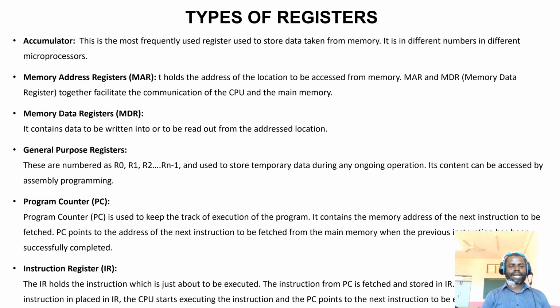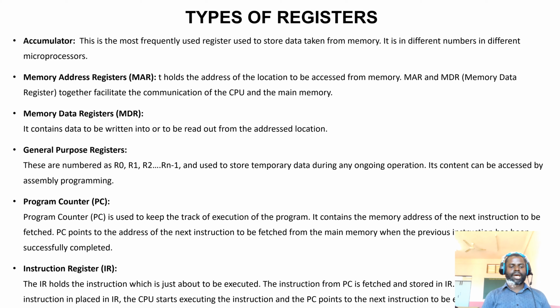These are numbered as R0 to Rn-1 and used to store temporary data during any ongoing operation. Their content can be accessed by assembly programming. So these registers are used in assembly level programming language.